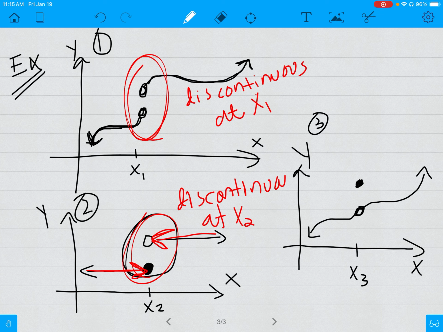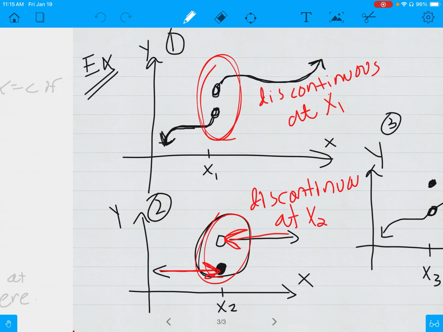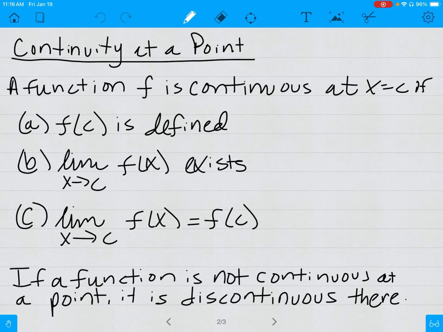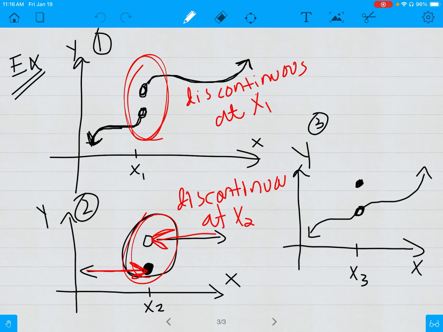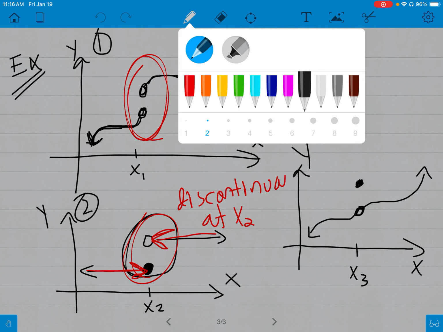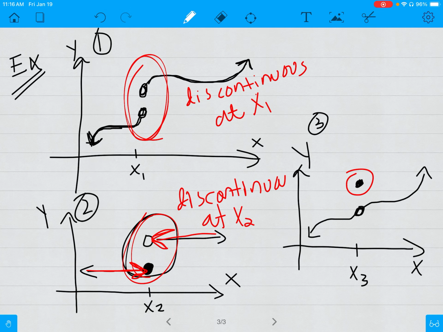When we're thinking about these criteria, is f of x3 defined? Well, yeah, it's defined at this point up here, whatever that value happens to be.